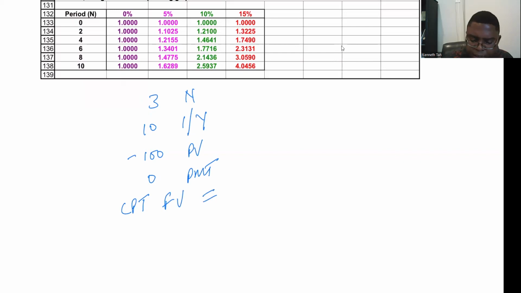That answer is going to be 133.10. So that's how we can calculate these problems. Again, 3 ways: we can use the formula and calculate it out, or we can use Excel, or we can use our financial calculator.